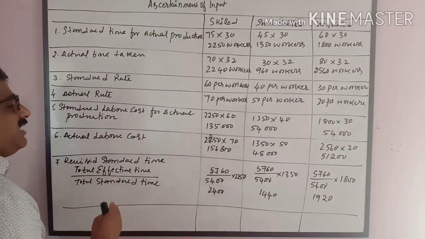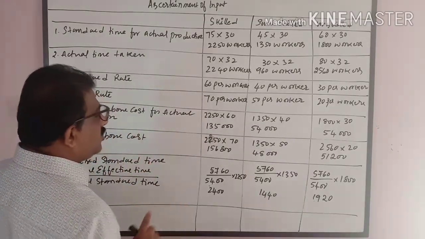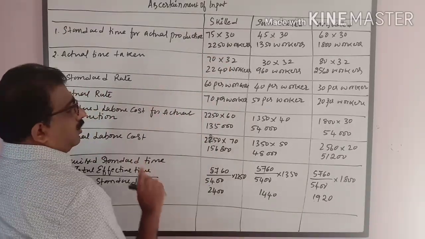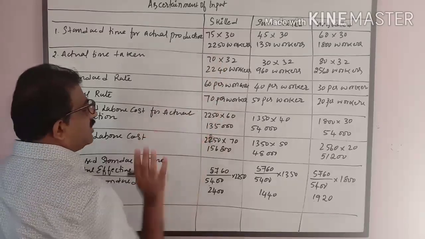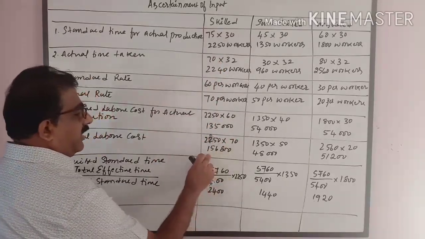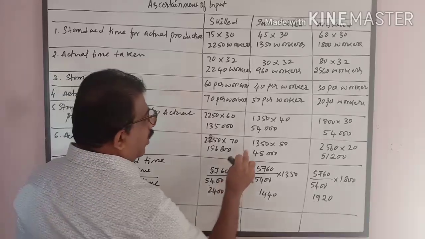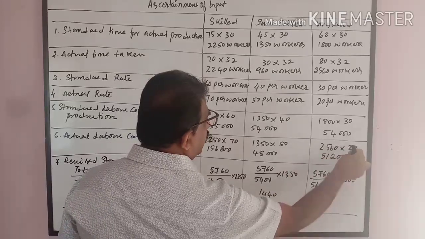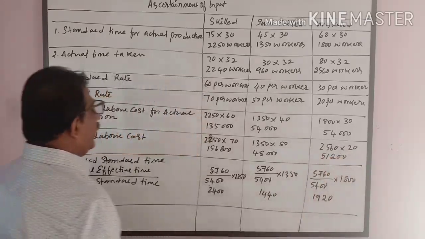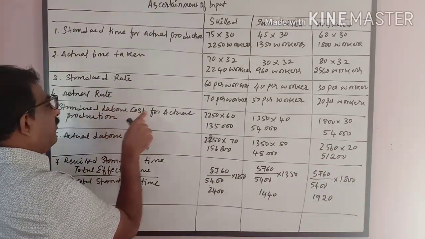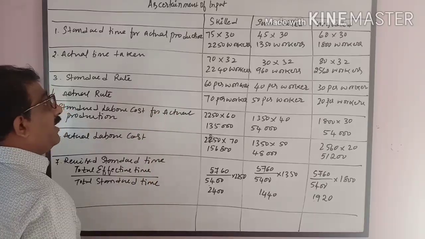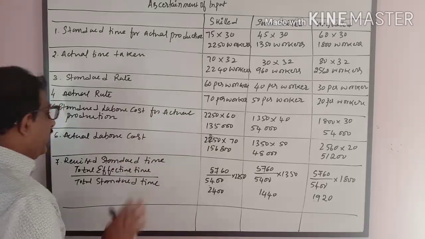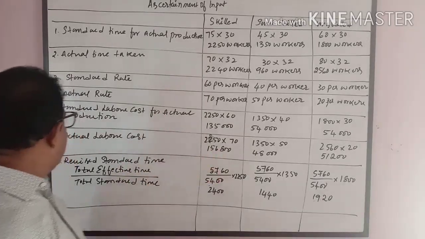Next, the actual labor cost incurred: 2250 into 70, that is column 1 and 4 multiplied, is 1,56,800, since column 1 and 4 give 2240 into 70. 1350 into 50 is 48,000, and 2560 into 20 is 51,200. So standard labor cost for actual production is column 1 and 3, and actual labor cost is column 1 and 4 multiplied.